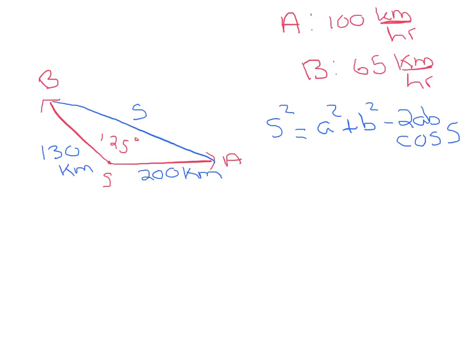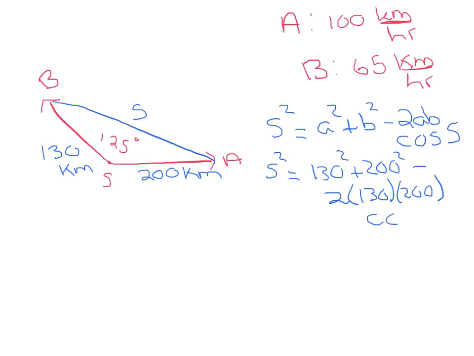So let's fill in what we got here. We don't know S. A is 130. B is 200. And S is 125. Again, calculator problem, so get it out, type it in.